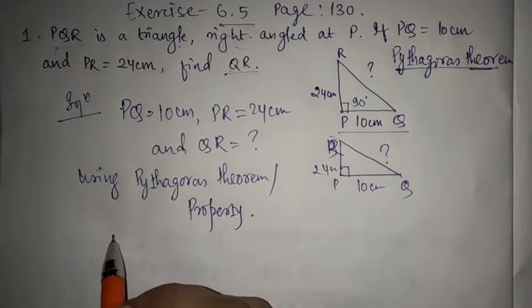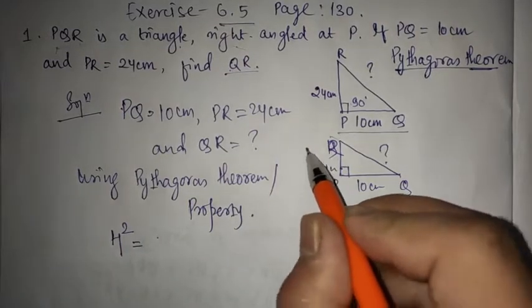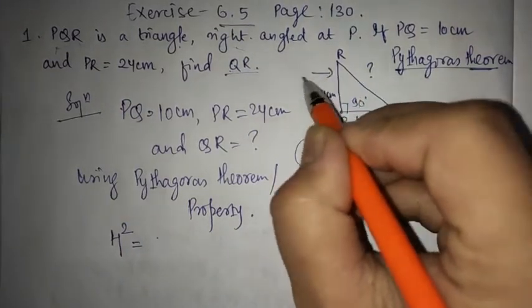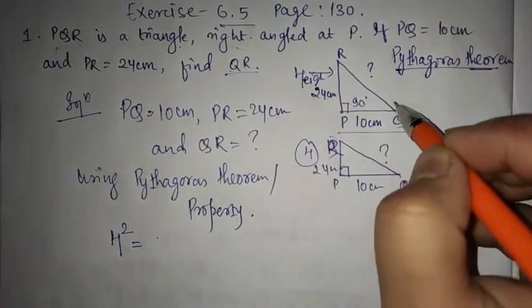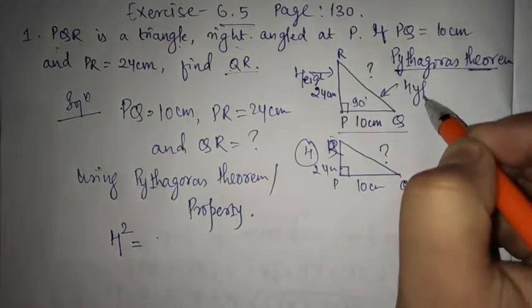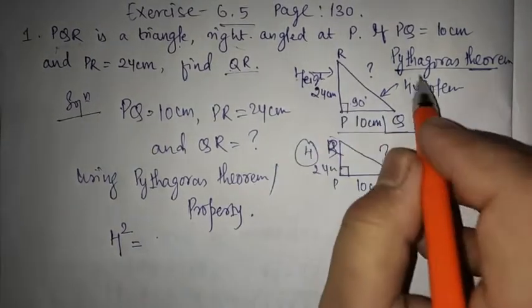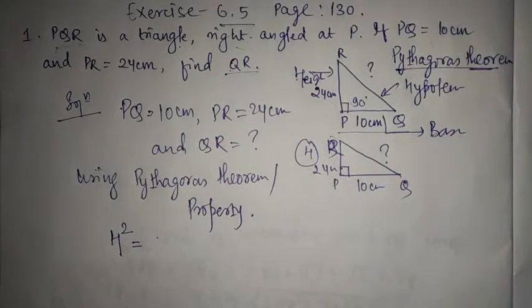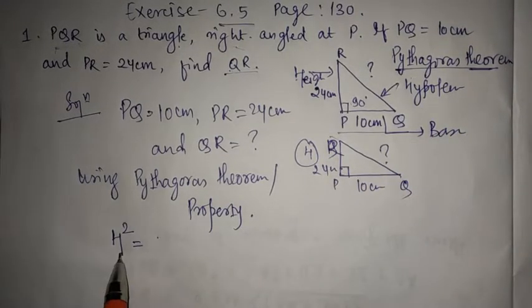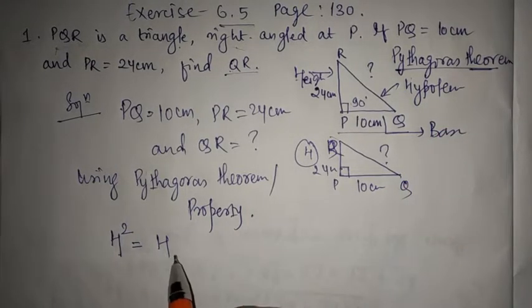The Pythagoras theorem is hypotenuse square is equal to the sum of the squares of the other two sides. This side is called the hypotenuse, this side is called height, and the side where the hypotenuse and height are standing is called base, ground level. What are the other two sides?